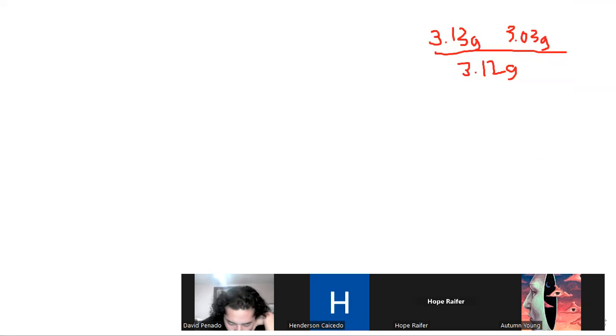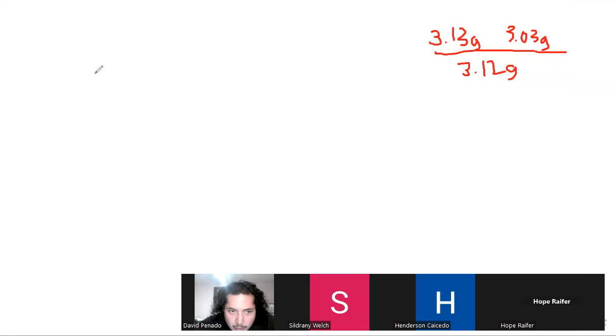Does it help if we walk through the problem and see how you solve it? Yeah, how do we solve it? What's the first step we gotta do? I convert my milliliters to liters and then find the moles.